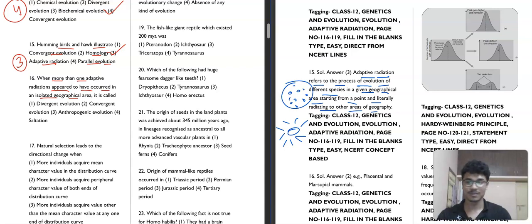So, this is called convergent evolution. The second option will be our correct answer, and for example, placental and marsupial mammals are given. Okay.